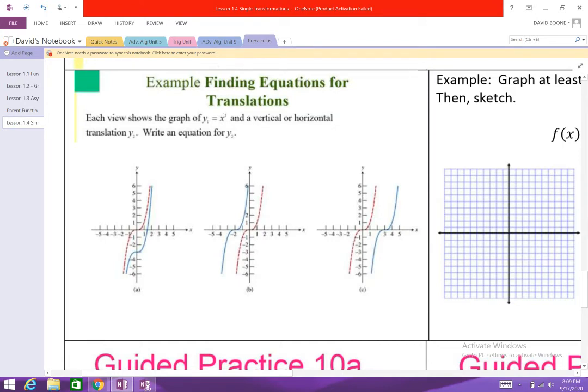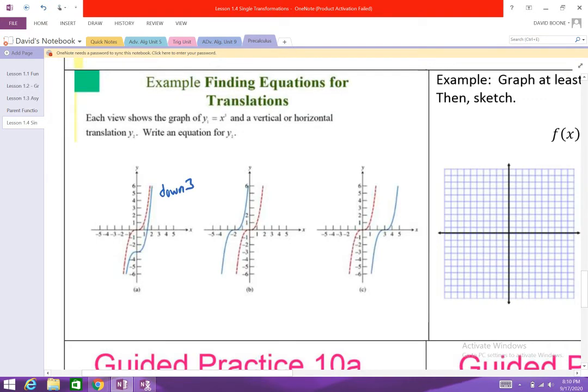Each view shows the graph of y equals x to the third, that's the cubic graph. So that's the original one, the red dotted one, and then there's been a translation. If I look at this blue graph, it looks like it's just been moved down 1, 2, 3. So this has been moved down 3.